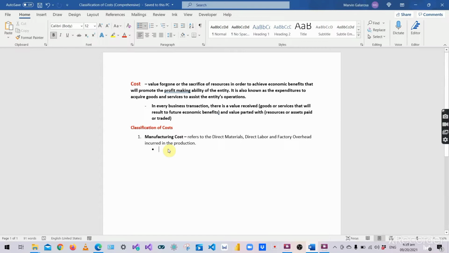Explain natin isa-isa yung bawat manufacturing cost. First one would be direct materials.